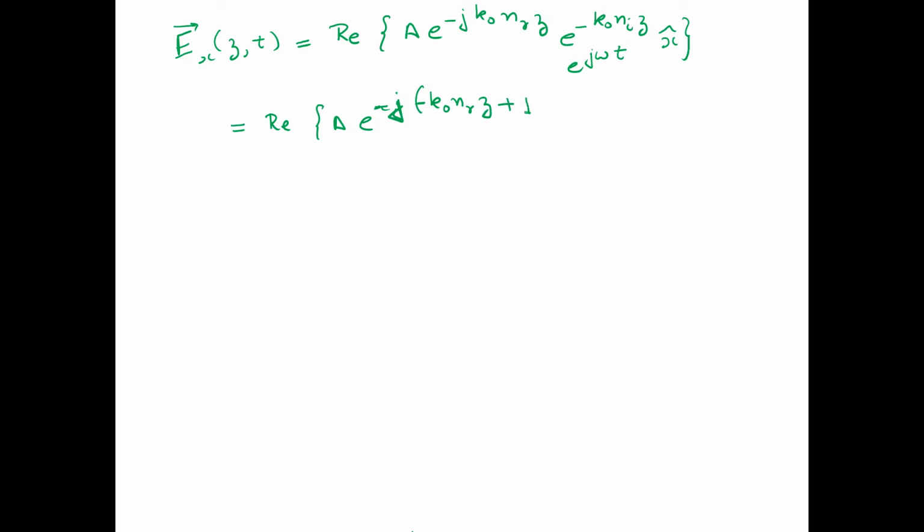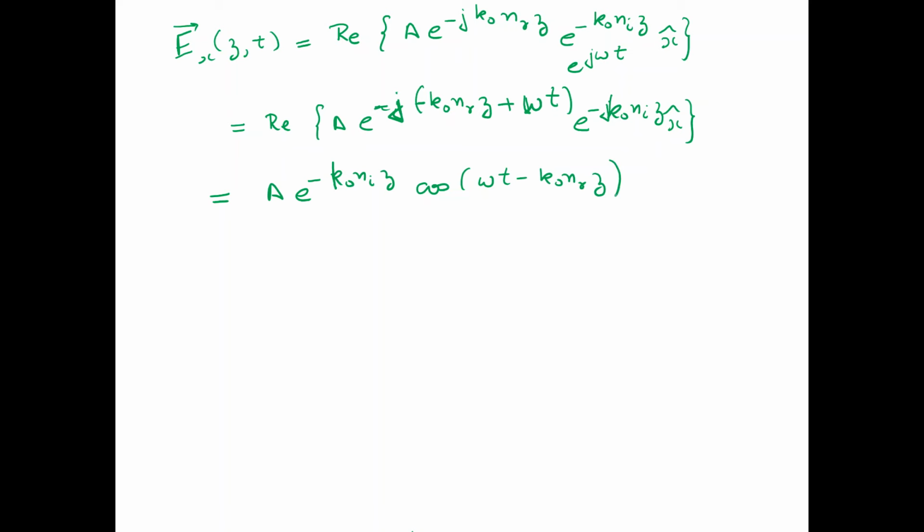That becomes the real part of A e^(-j(k naught n real z plus omega t)), which is your wave part, and then you have e^(-k naught n imaginary z) pointing in the x direction. Taking the real part, only the wave part has the real and imaginary parts, so this becomes cos(omega t minus k naught n real z). That is what the electric field now starts to look like.